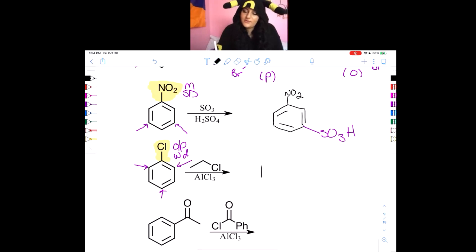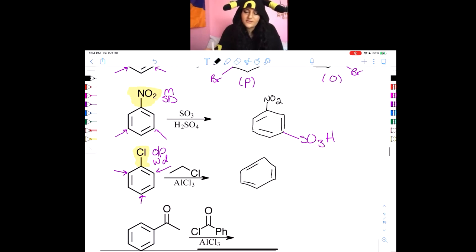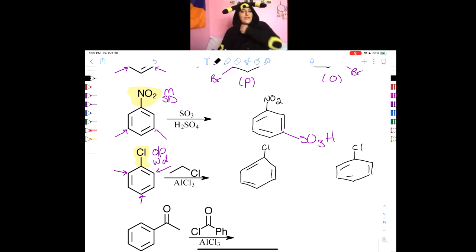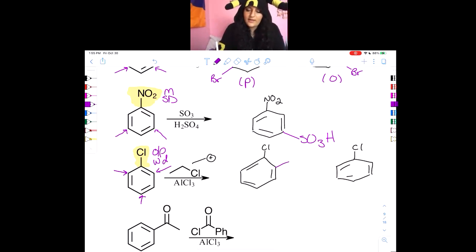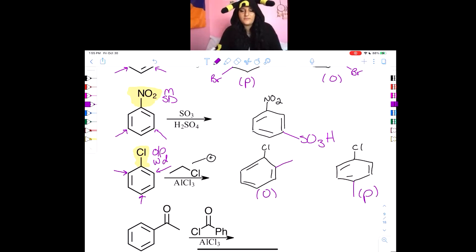So we could have two answers. Wow, the benzene rings just keep getting uglier and uglier. And in this case, we can't really have any kind of rearrangement because this is what our carbocation would look like. So in either case, we're just going to add this group. And ta-da! This is our ortho product, and this is our para product.